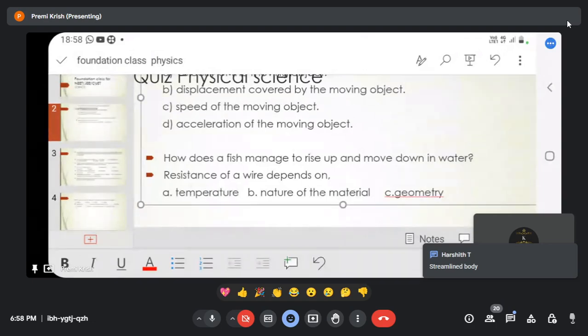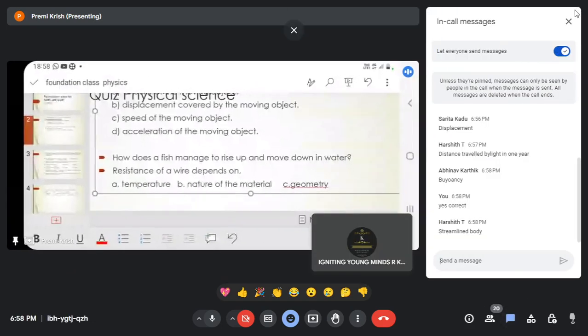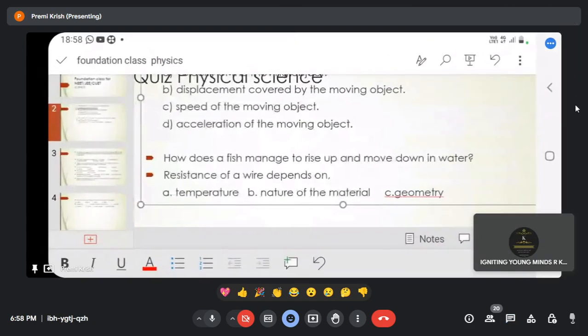No. They have not said it is a river or a pond or something. It is a mechanism which takes place in adaptation. It is an adaptation of the fish. Just guess. Very easy only. You can guess, children. It's gills, ma'am.